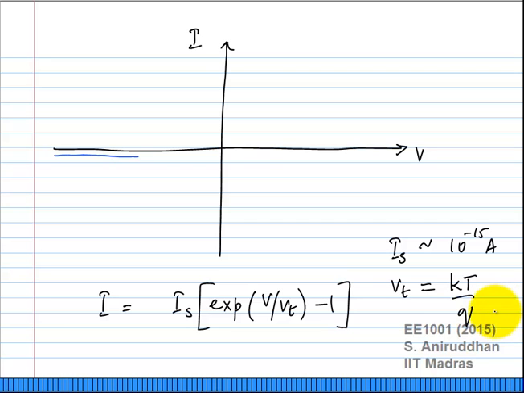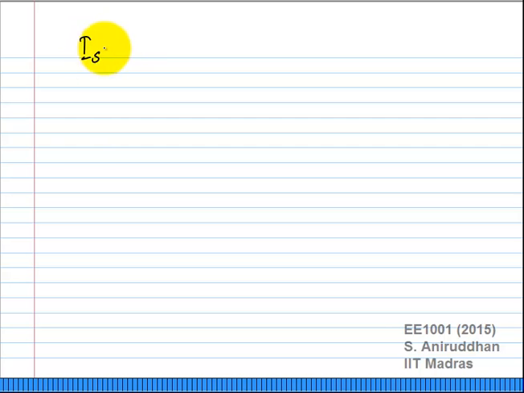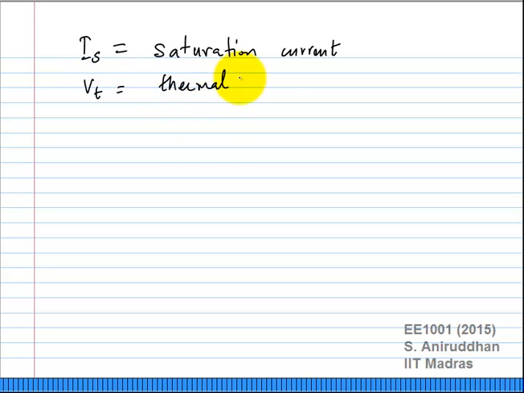I'll write down the definitions here. Is is what is called the saturation current. Vt is what is called the thermal voltage. Typically Is is extremely small, Vt is kT by q.